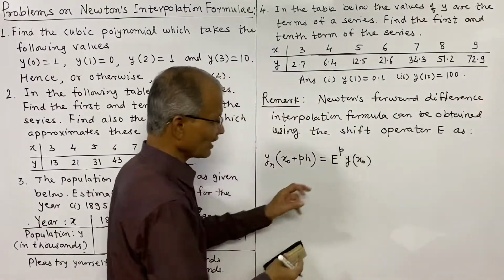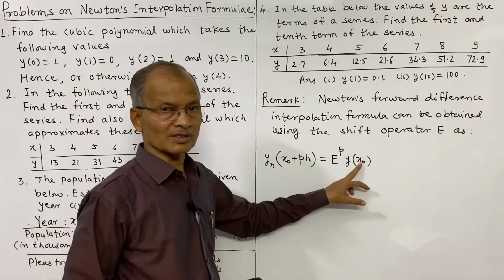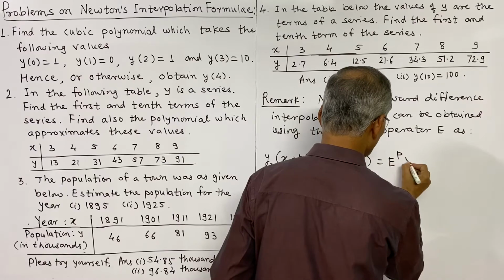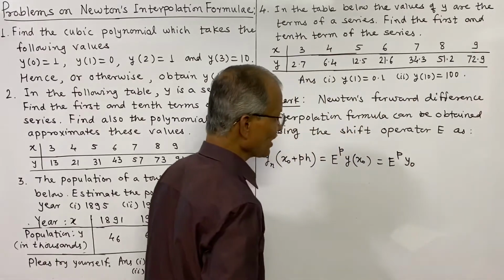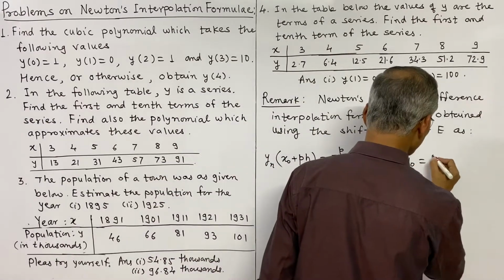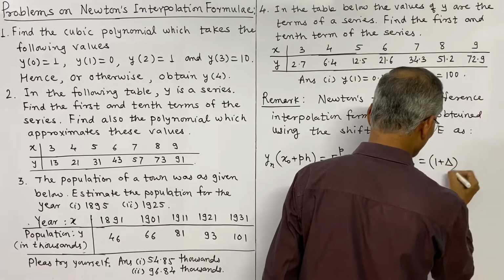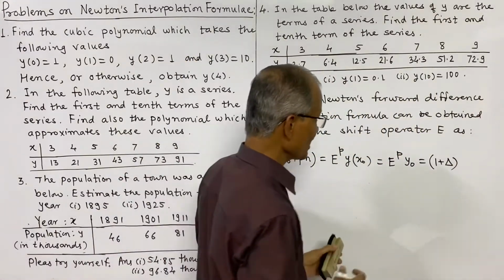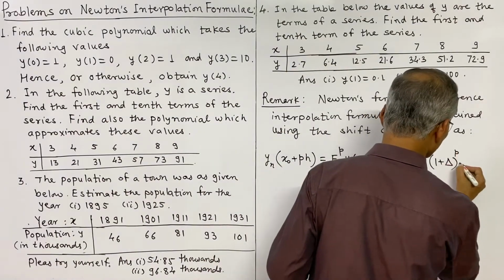The value of y at x naught is y naught, so we can write this as E to the power p at y naught. But what is E to the power p? E is 1 plus delta, a relation we obtained earlier. So this is 1 plus delta to the power p at y naught.